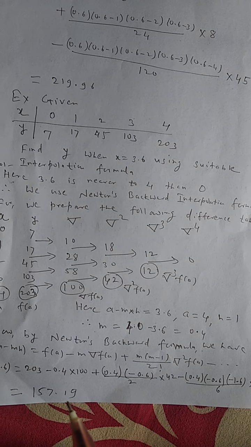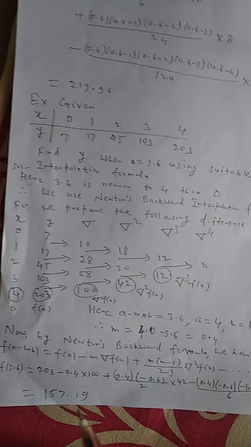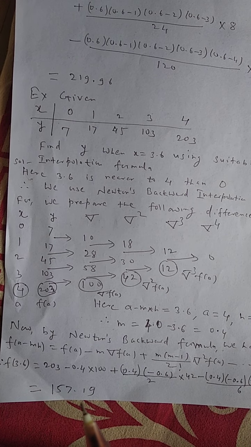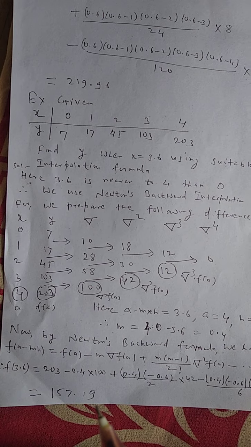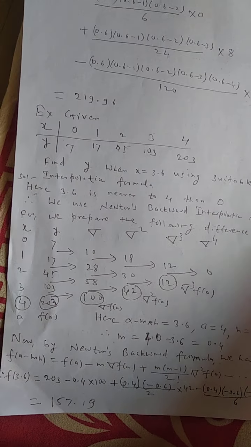And again multiply, divide, add, subtract, and get the answer for f of 3.6 as 157.19.